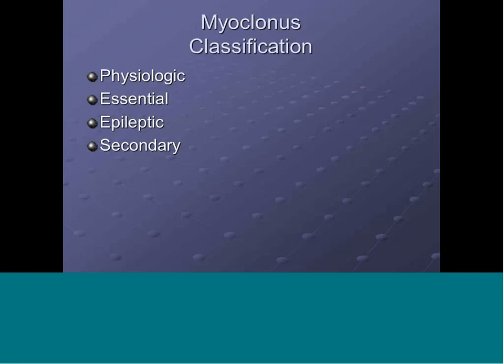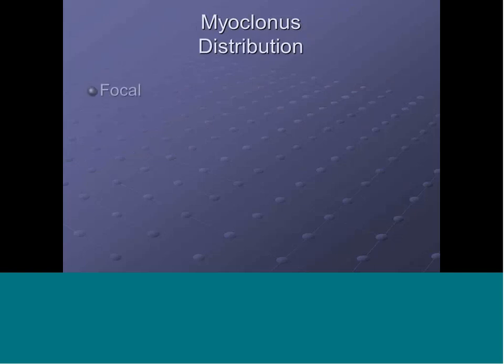Epileptic myoclonus is seen in different mitochondrial epilepsies or other neurodegenerative conditions. Secondary myoclonus could be due to medications or brain insults like anoxic brain injury or strokes.